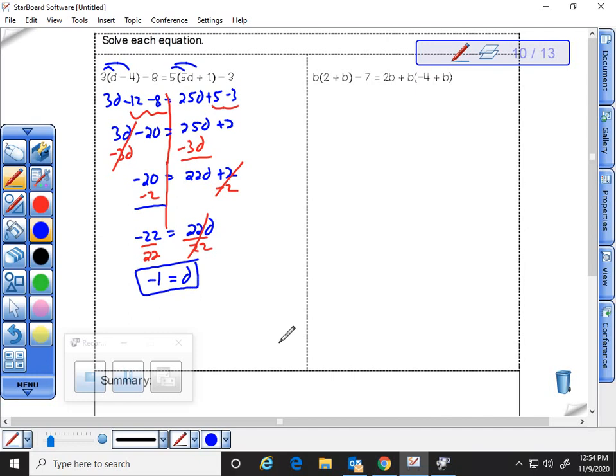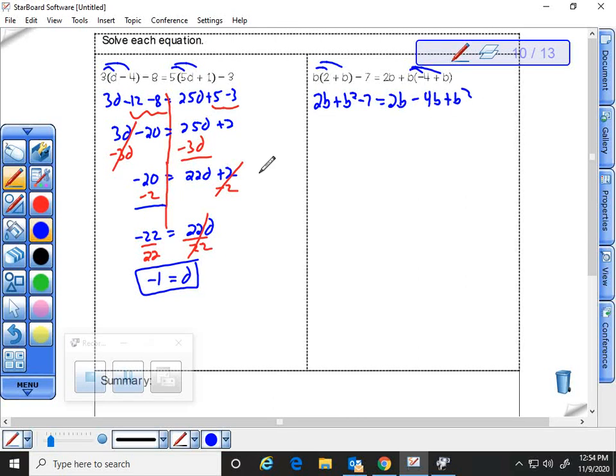Alright, last example it looks like. Distribute the b throughout, you'll get b times 2, which is 2b, and then b times b is b squared minus 7 equals 2b. Distribute, gives us a minus 4b plus b squared.